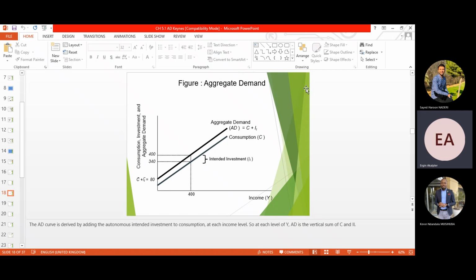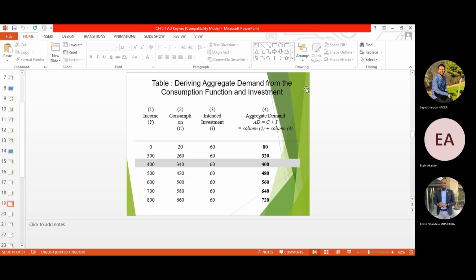This depends only on the saving amount, which increases consumption plus saving to 80, and as a result the aggregate demand curve is drawn.